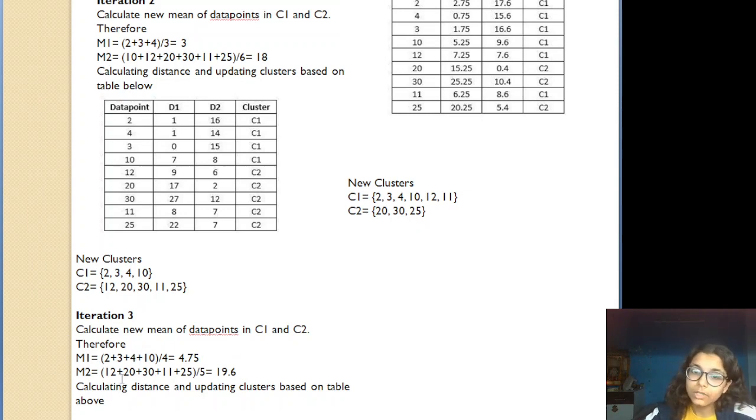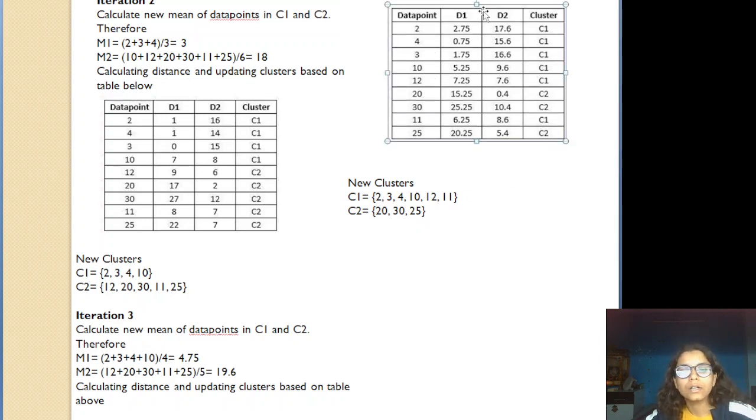Through this M1 and M2 we again calculated the distances and updated the clusters, and got C1, C2, C1, C1, C1, C1, and then C2, C2, C2.